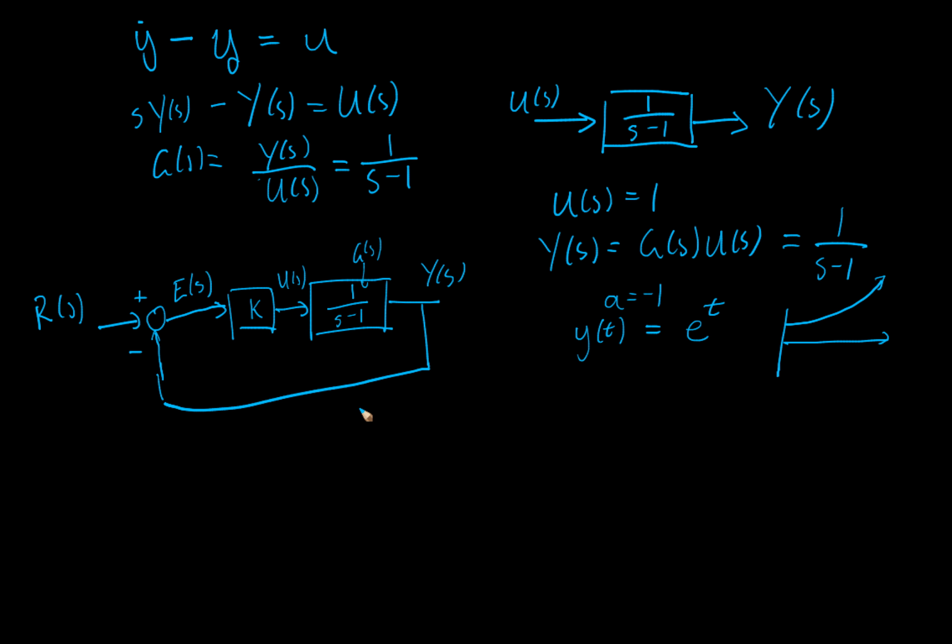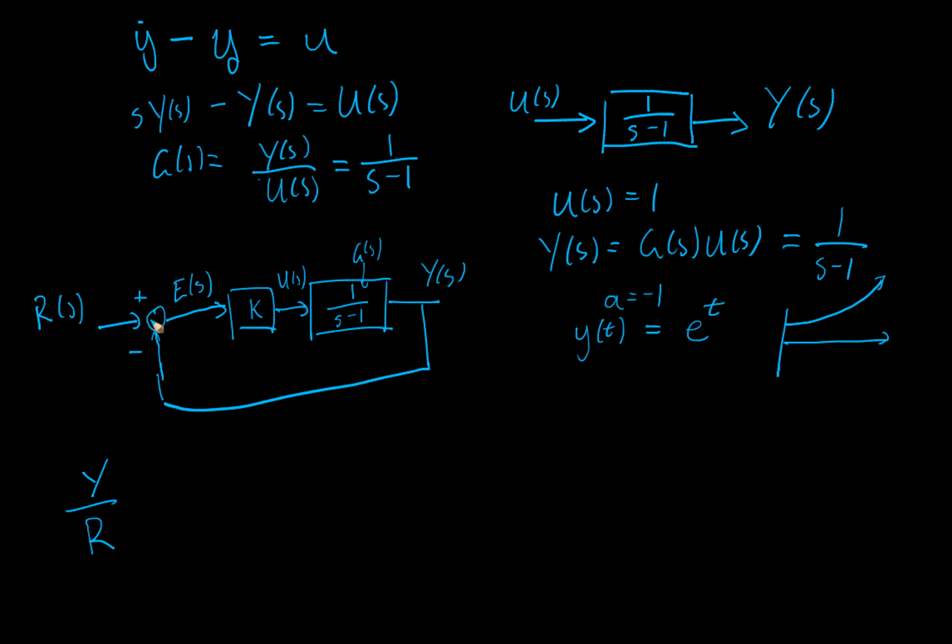And you remember for block diagram reduction for systems of this form, we have the rule that the overall transfer function, so we're looking for y over r now, is going to be the forward path over 1 plus the complete path.